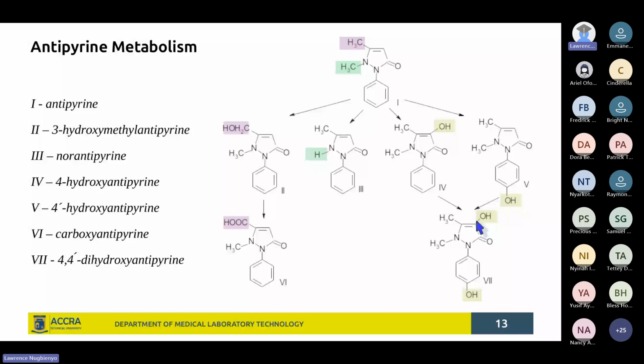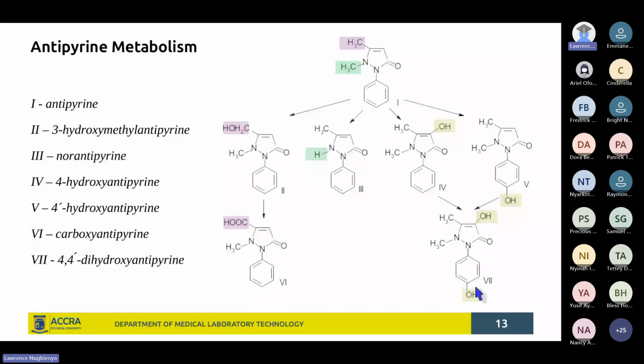So it's either 4 getting hydroxylated first before the 4', or the 4' getting hydroxylated first before the 4. Both of them will give you the same thing, which is 4,4'-dihydroxyantipyrine.